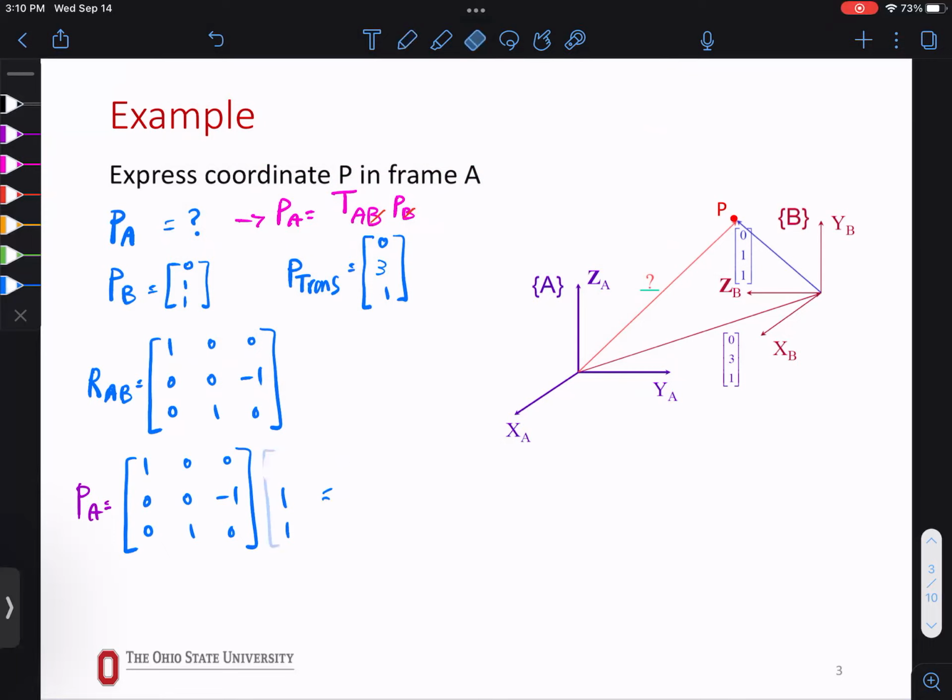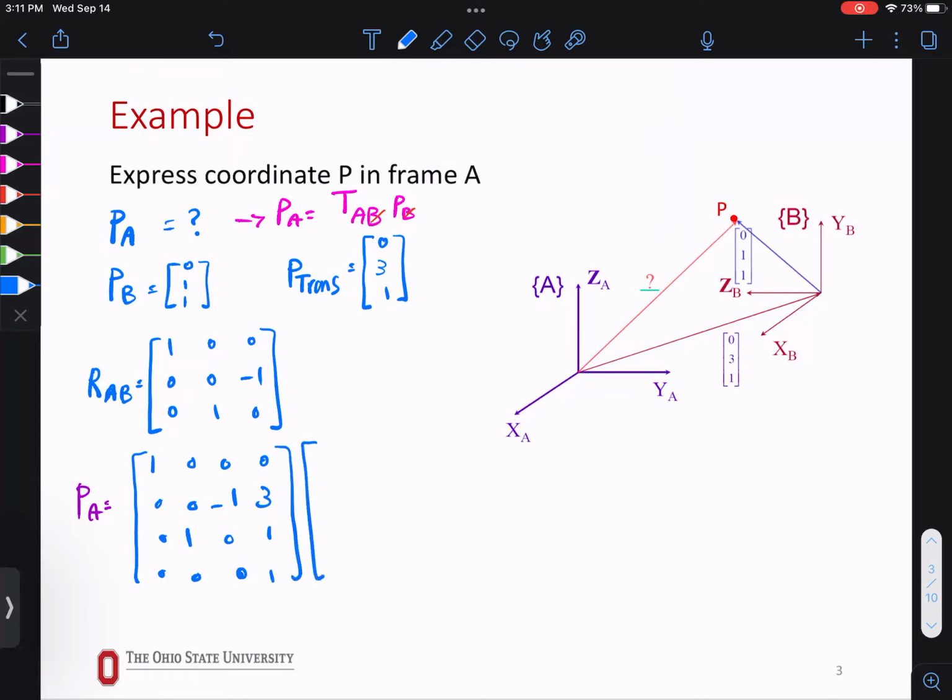So here, mistake. What was my mistake here? I need to write T. It has to be 4x4 because I want to represent the rotation and the translation. 0, 0, 0, and then it's 0, 3, 1, 1.